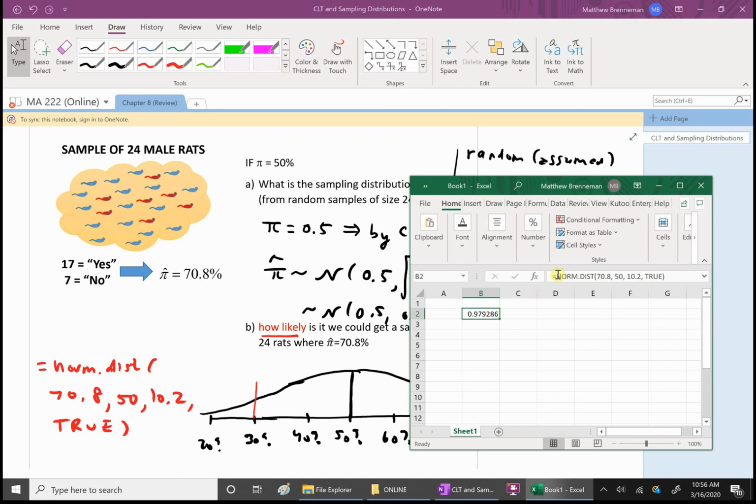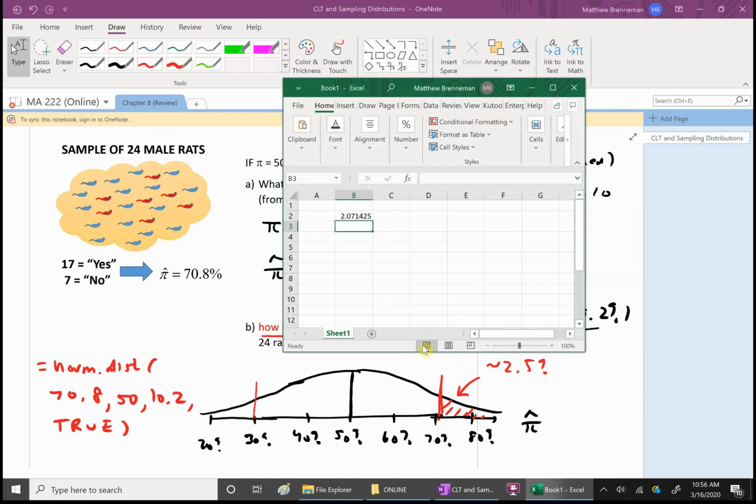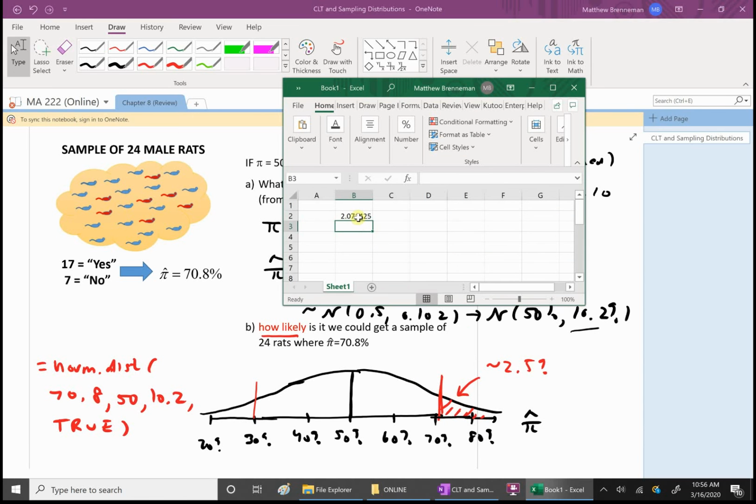And I'm going to have to use 1 minus, right? Because remember what norm.dist does, it gives the area in the lower tail, and I want the upper tail. And I'm going to multiply it by 100 also. And you can see, sure enough, I get around 2.5. I get 2 point something, okay? And here's the command. Here I'm going to copy and paste this so you can check both the number and make sure you're entering the command correctly.